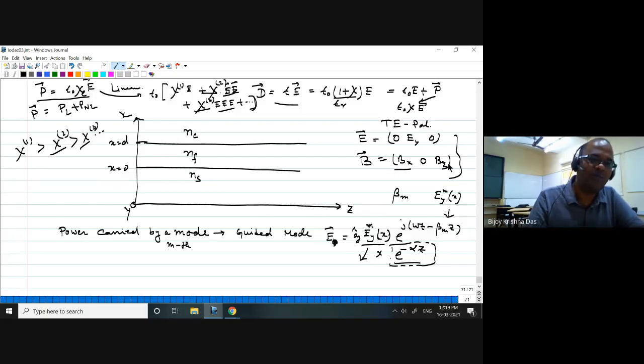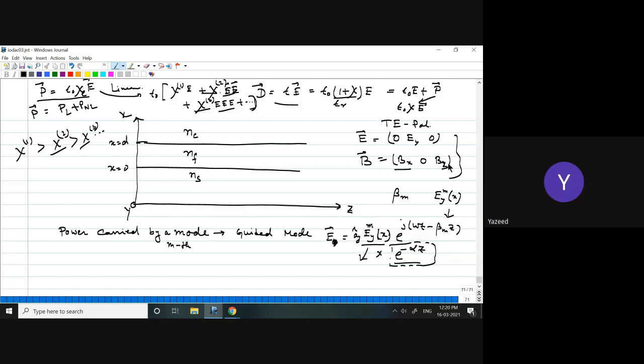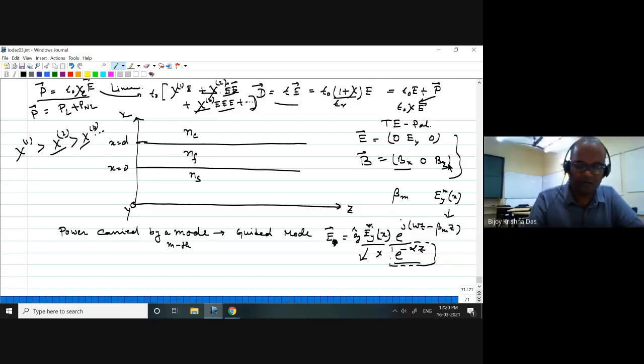When I talk about power carried by an electromagnetic wave, you must be remembering something to consider. What is that? For a power carried by an electromagnetic wave, we use a very well-known theorem: the Poynting theorem, right?